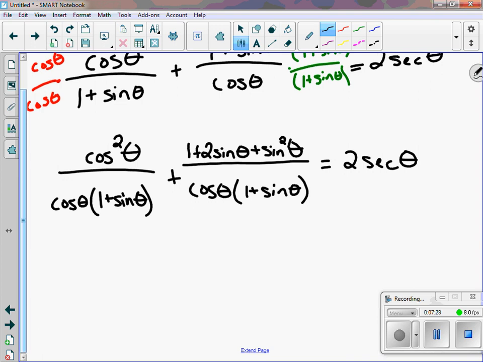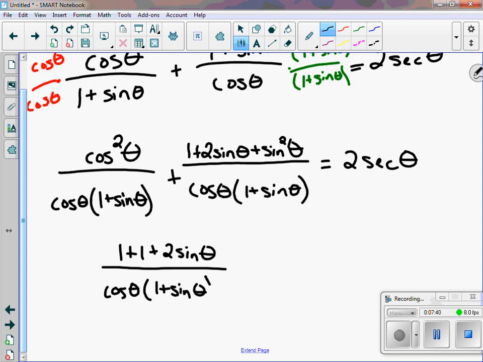So realistically, I've got 1 plus 1 plus 2 sine theta over cosine theta 1 plus sine theta. Again, what we added there was using our Pythagorean identity and adding the sine squared theta and the cosine squared of theta. Those added together equal 1, and that's where we got this number.